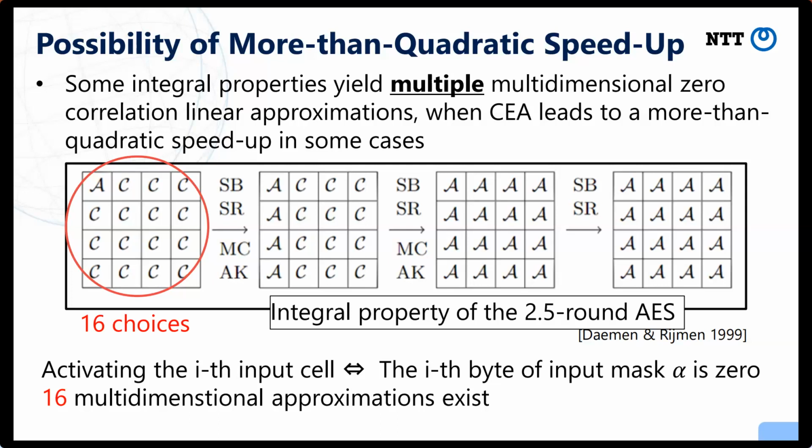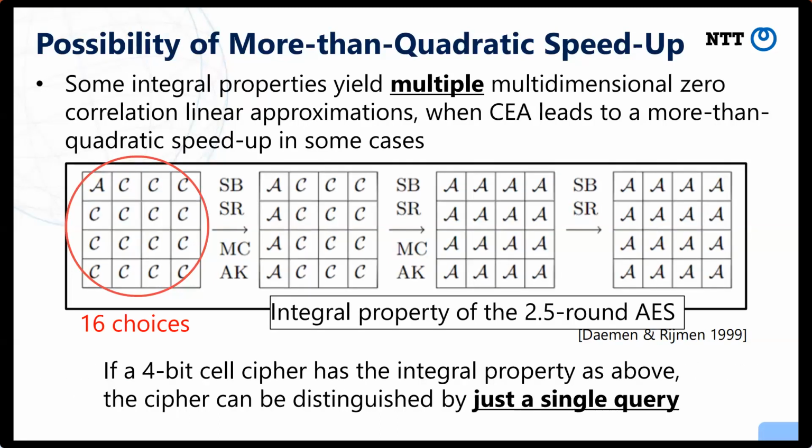Actually, the 2.5 round AES itself is not so interesting, but if we consider a 4-bit toy cell cipher with the same integral property like this, then the cipher can be distinguished by just a single quantum query by using CEA. And I think such a single query distinguisher is almost impossible in the classical setting. So I think this is another interesting example of more than quadratic speedup.